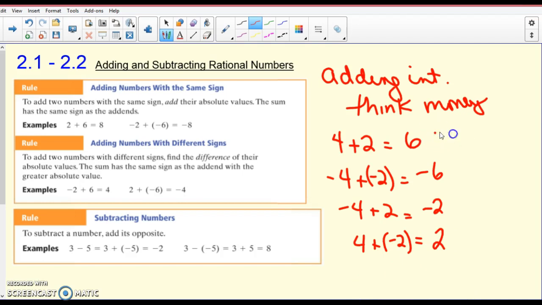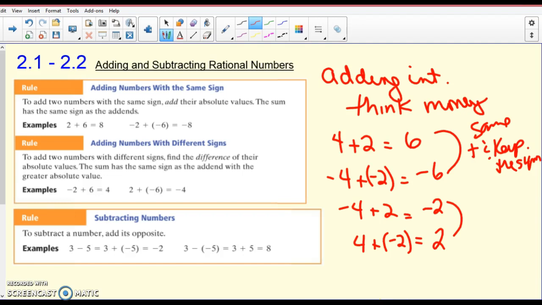Now, these first two, the signs are the same. So, if the signs are the same, add and keep the sign. You add the numbers, keep the sign. If they are different, what do you do to the two numbers if the signs are different?